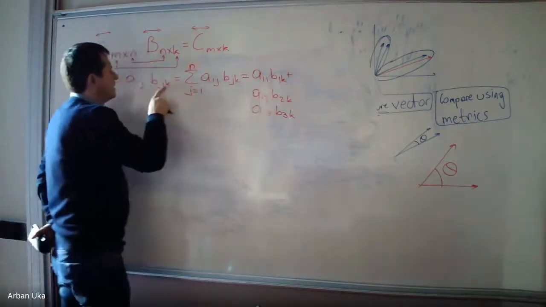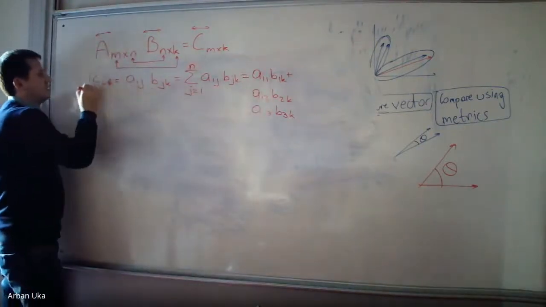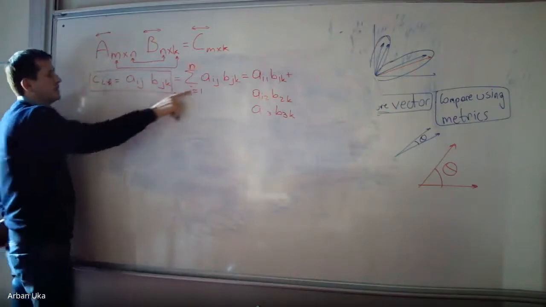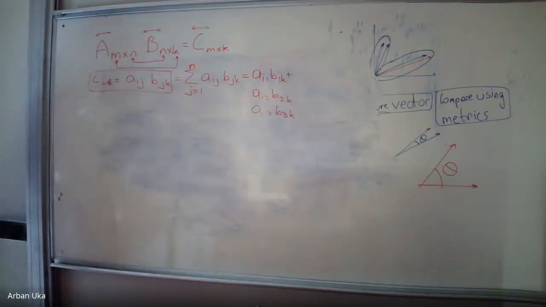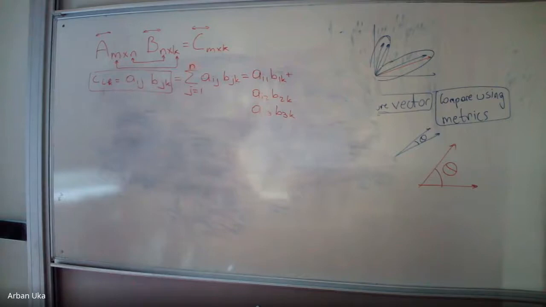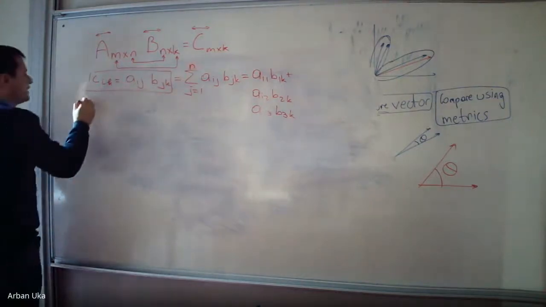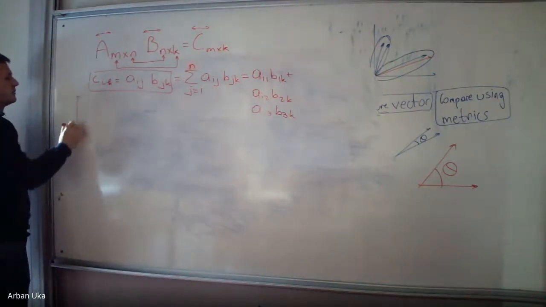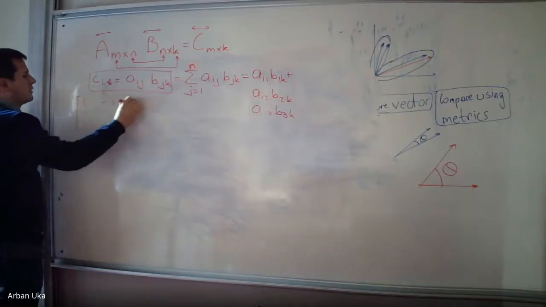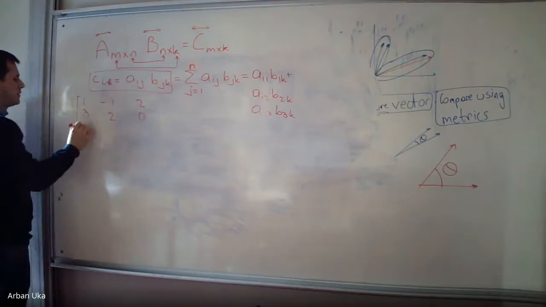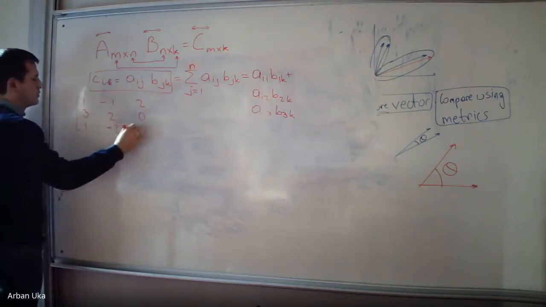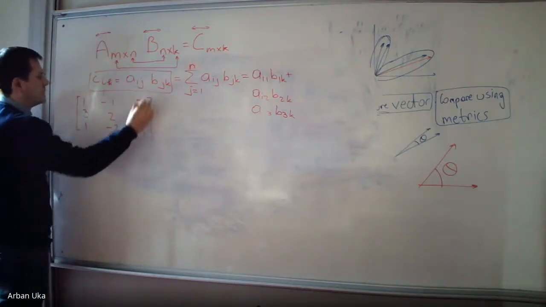Often you're going to see this, but in principle you are doing this. Because for j, any index that appears twice, you are summing over it. That's how we can see it. Now let's define two matrices that look like this: 1, minus 1, 2, 3, 2, 0, 1, minus 2, 4.